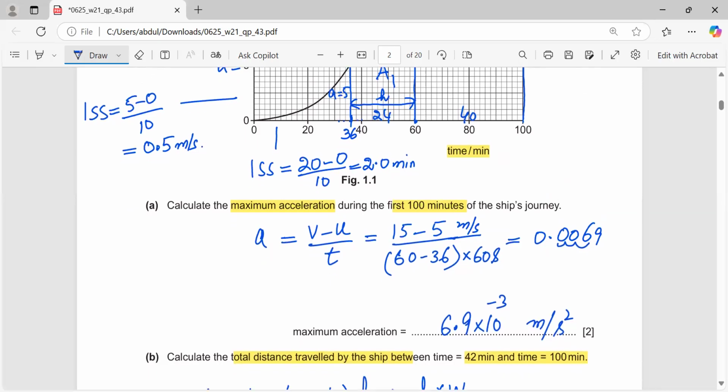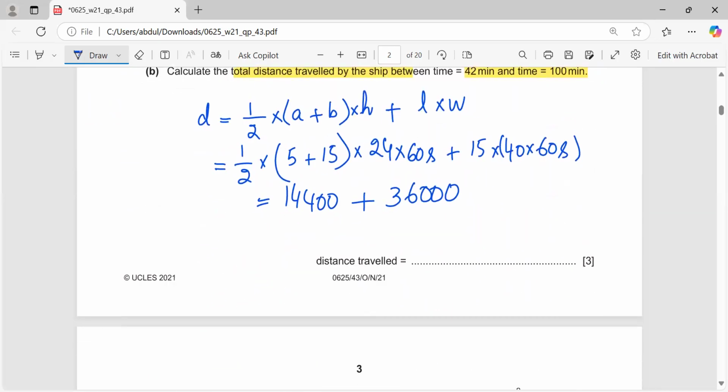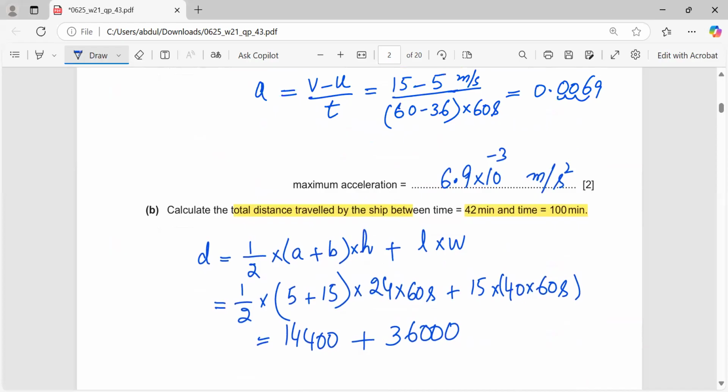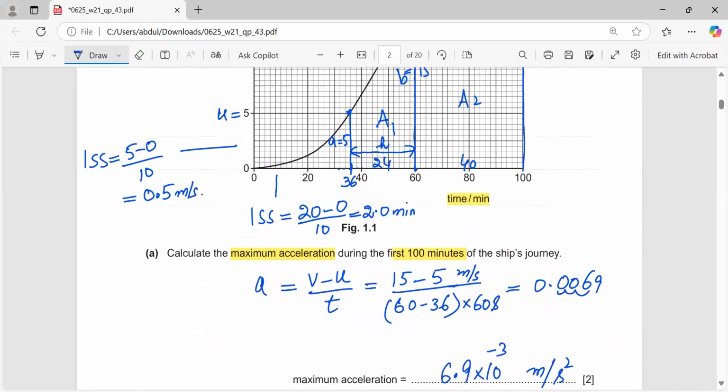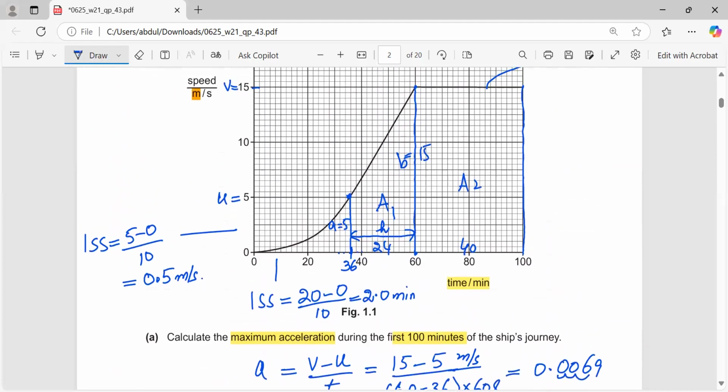Yes, this is 24. So 24, just let me confirm, 24 times 60 equal to this. So times 10. Yeah, made some mistake. Let me check in the diagram.